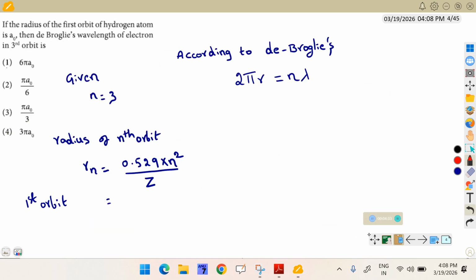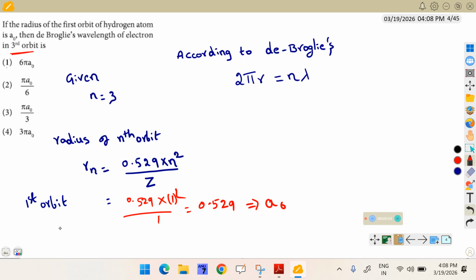If the radius of the first orbit of hydrogen atom is A0, calculate the radius of the first orbit: 0.529 into 1 square by 1, that is equal to 0.529. This value is assumed as A0. Then the de Broglie's wavelength of the electron in the third orbit.